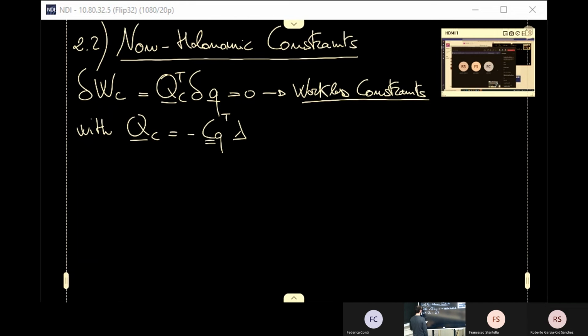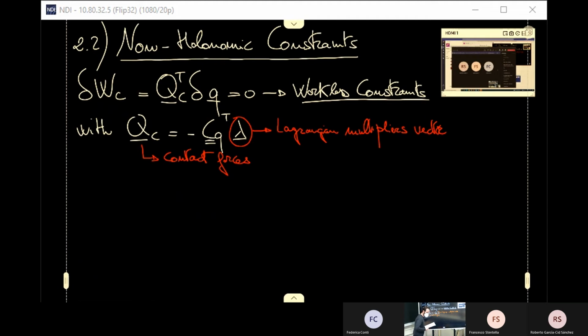Okay. So this is here the Lagrangian multiplier. And these are, again, contact forces.